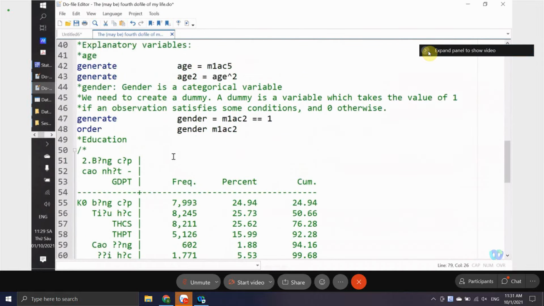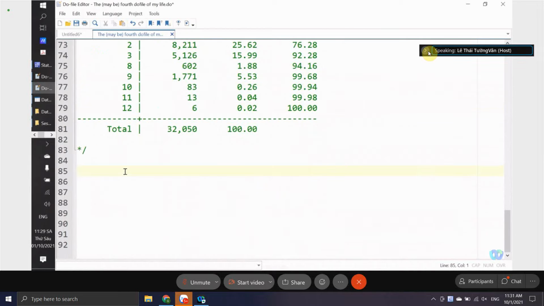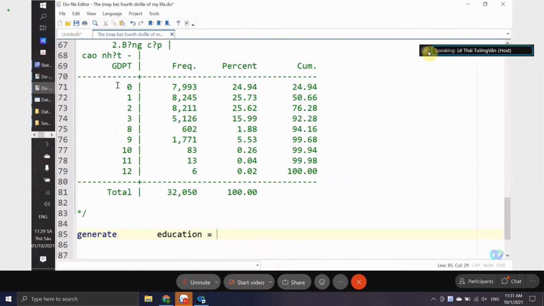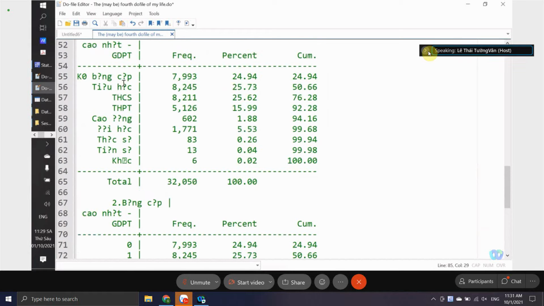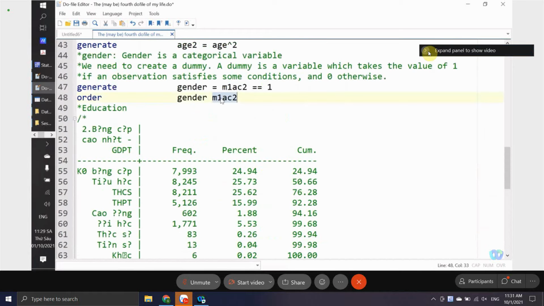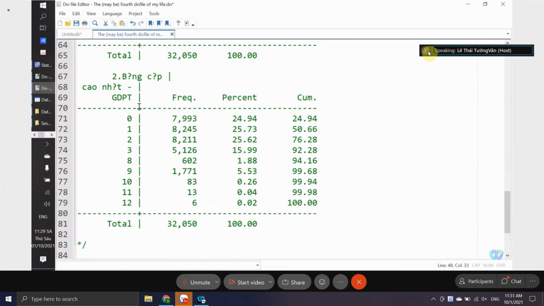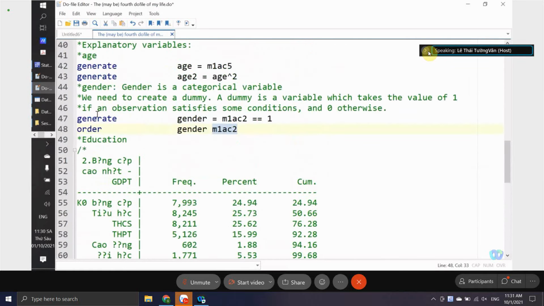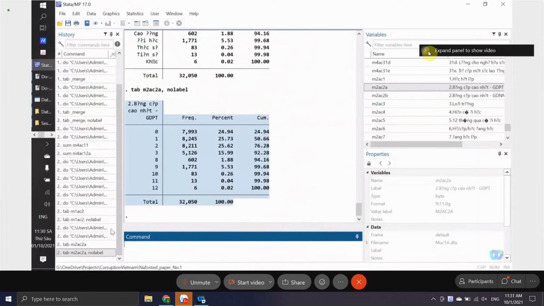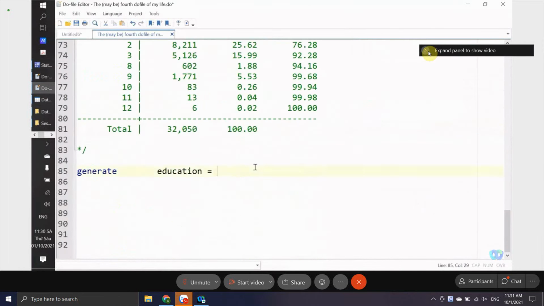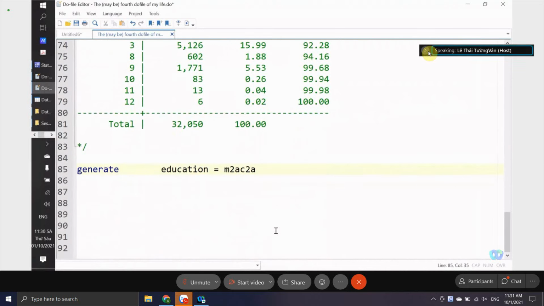Now let's do something. Generate education equal to this variable.